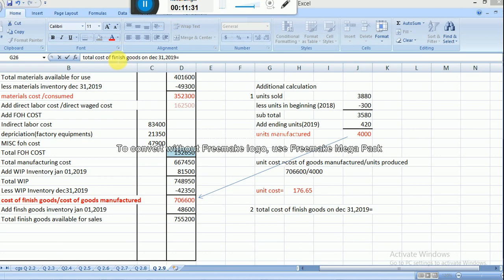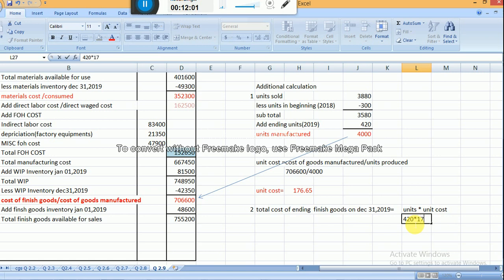Ending finished goods equals units multiplied by unit cost. 420 units remain unsold, and the per unit cost we found is 176.65.